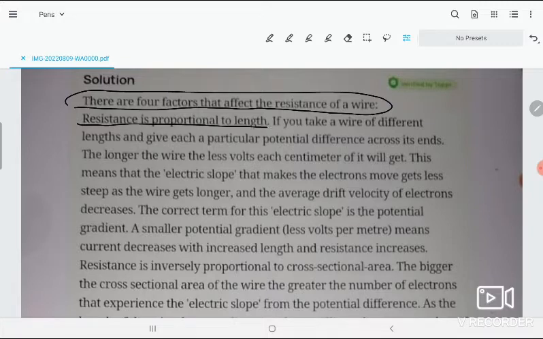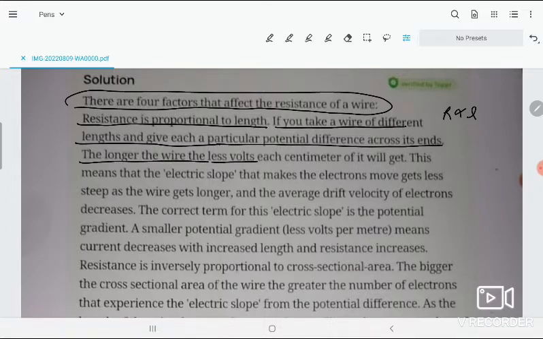Resistance is proportional to length. So that is R proportional to length, that you know. If you take wires of different lengths and give each a particular potential difference across it, the longer the wire, the fewer volts each centimeter of it will have, meaning the voltage per unit length will decrease.